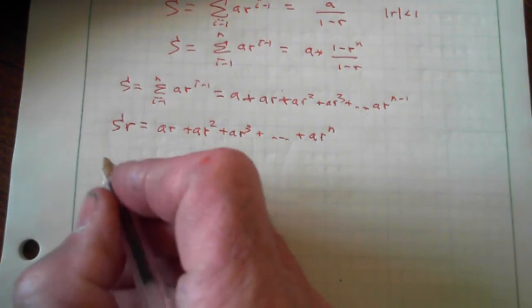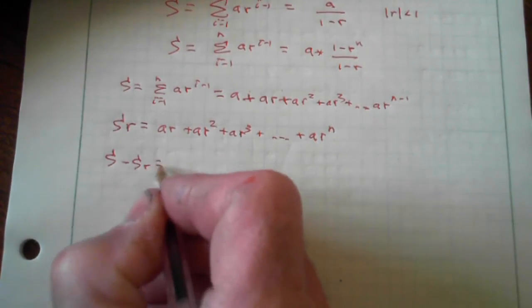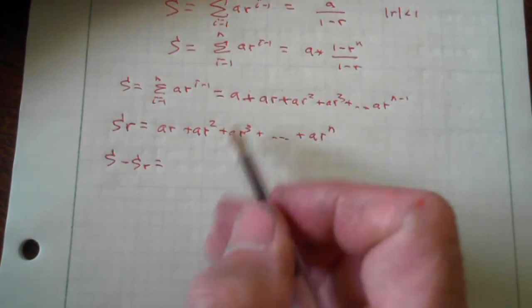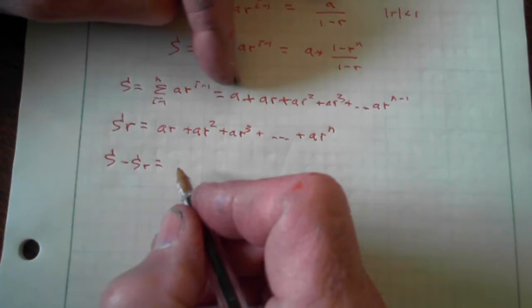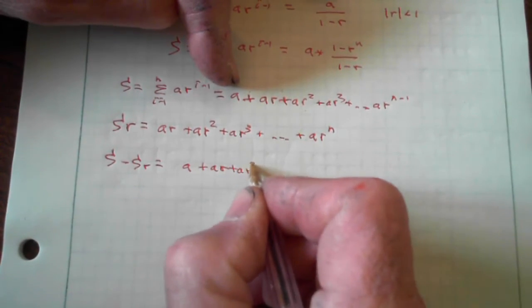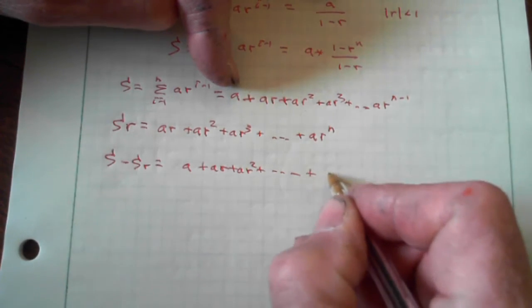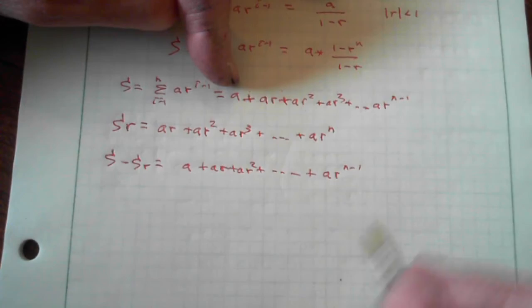Okay, let's subtract them. Why? Because we can. So if I subtract that side, then I have to subtract this side, which would be all of these guys: a plus a r plus a r squared plus and so on, plus a r to the n minus 1.